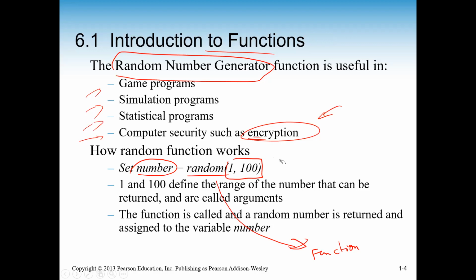So you're going to pick out of that range from 1 to 100 one number sort of at random. So 1 and 100 define the range of the number that can be returned and are called the arguments. The function is called and a random number is returned and assigned to the variable number, as you can see. So let's say 17. That's equivalent to the variable number getting the value 17.